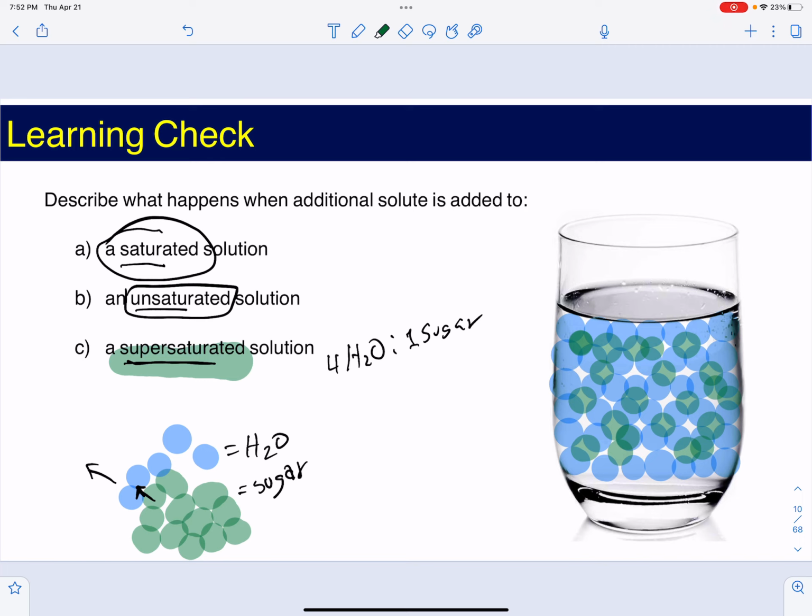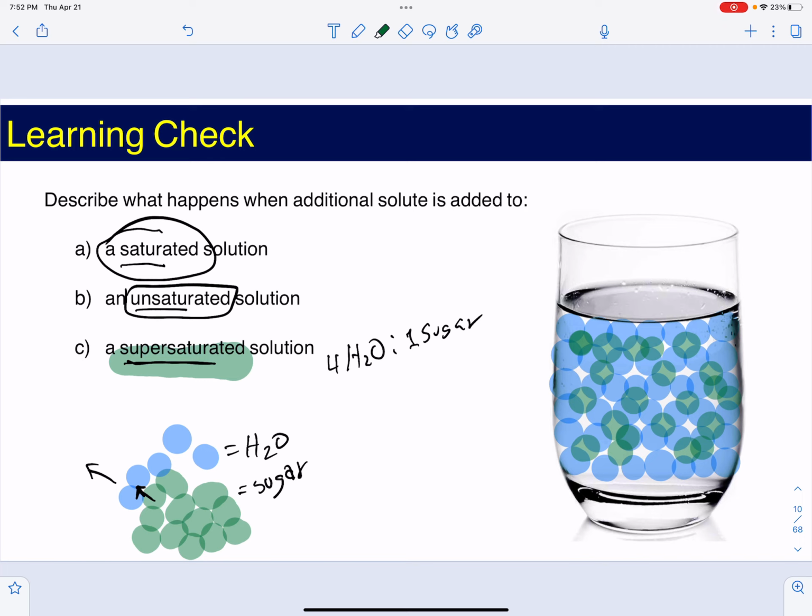It's really spectacular to see a supersaturated solution get disturbed, and the solid just jumps out of the solution. But the ones that you're used to seeing are the unsaturated solutions, because once you have a saturated solution, if I put something more on it, it's not going to dissolve, and it's basically going to go to the bottom.